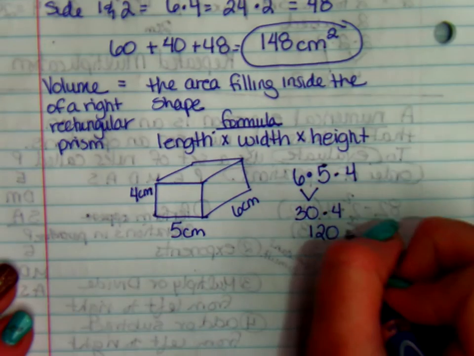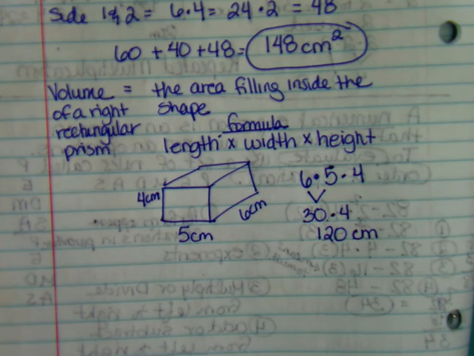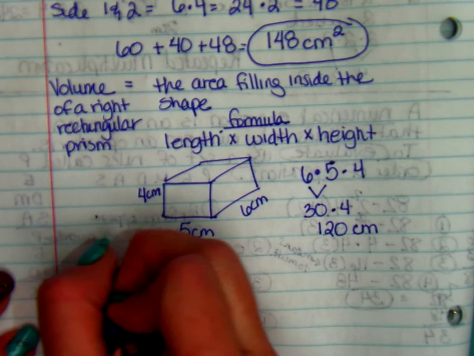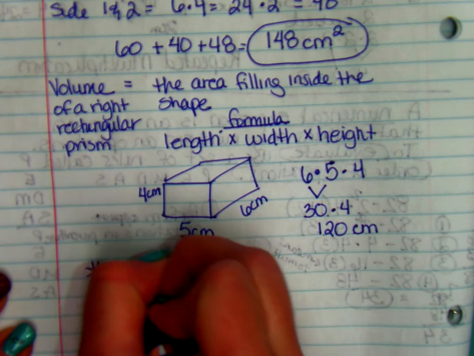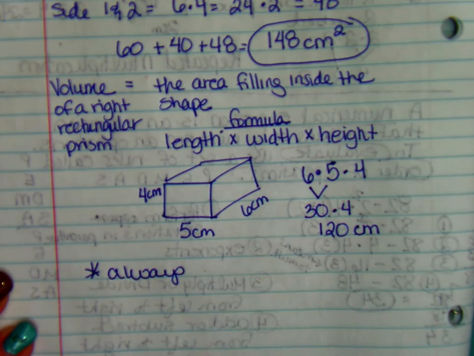Now, we have 120 centimeters. Now, here's something interesting. When we did area, we were doing 2 values that we were multiplying together, 2 dimensions, the length and the width. But with volume, we're doing 3 dimensions, the length times the width times the height. So, we don't square our answer, we always cube our answer, which makes sense when you're thinking about you're dealing with cubes.